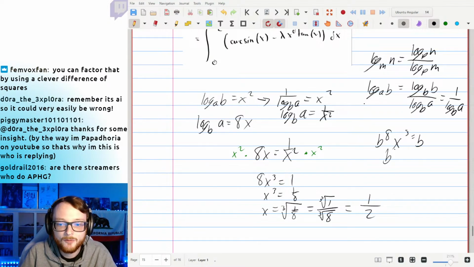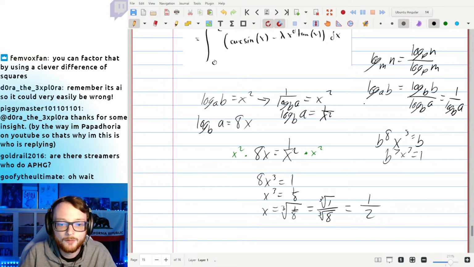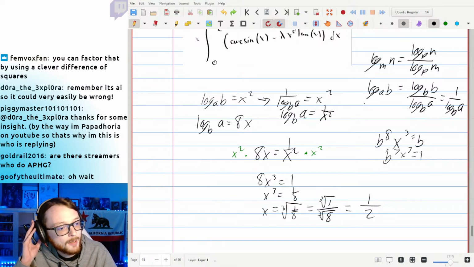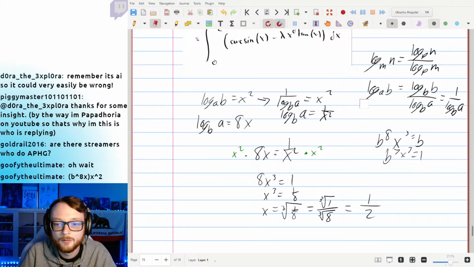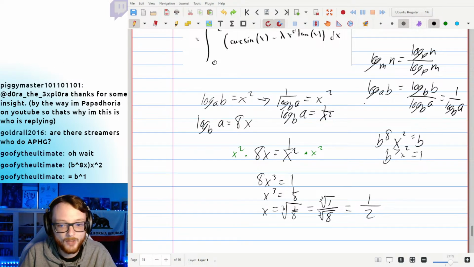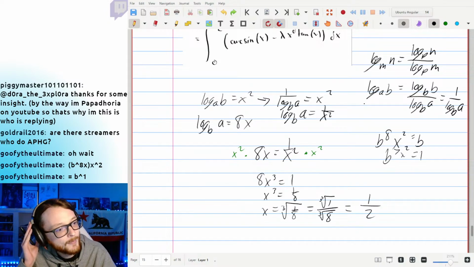But if you know b to the 7x cubed equals 1, yeah, you could relate these two equations with each other. I don't see why not. B to the 8x squared. Yeah, in theory, if they're both equal to 1, you can always relate the equations to each other in some way. I'm not sure where it's coming from, but yeah.